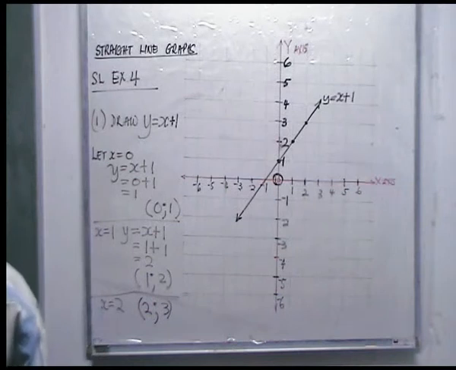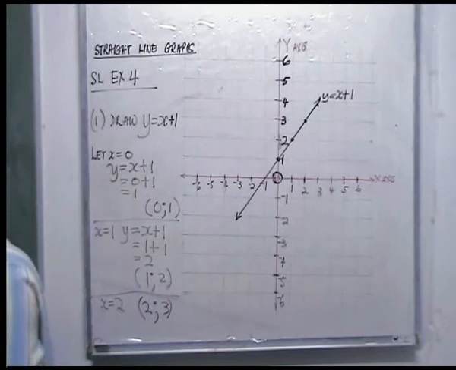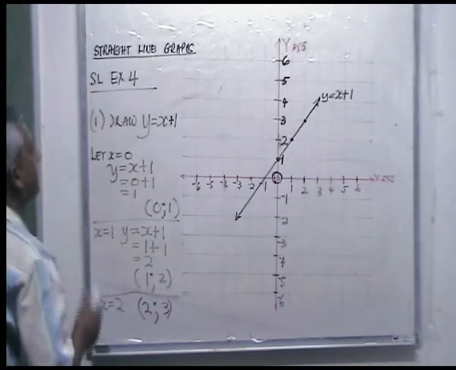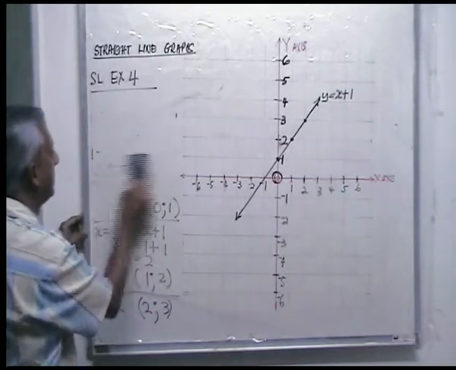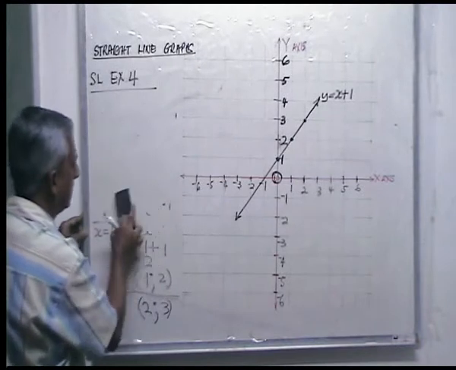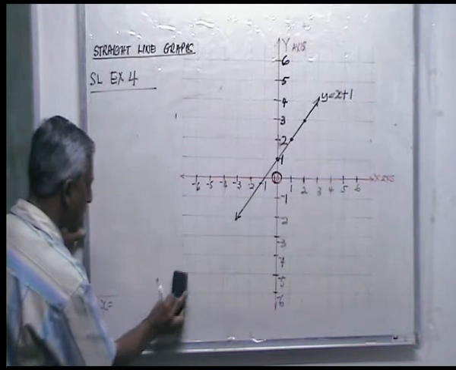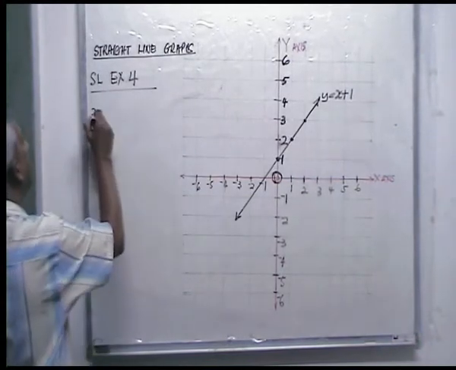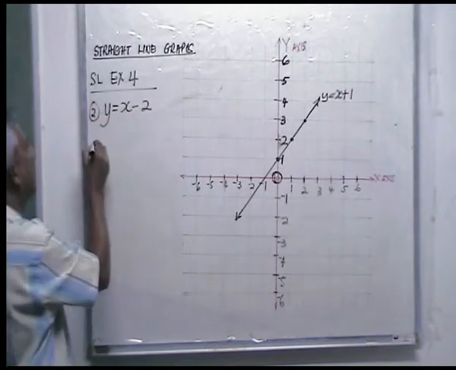Right, let's mark number 2. Number 2 was y is equal to x minus 2.